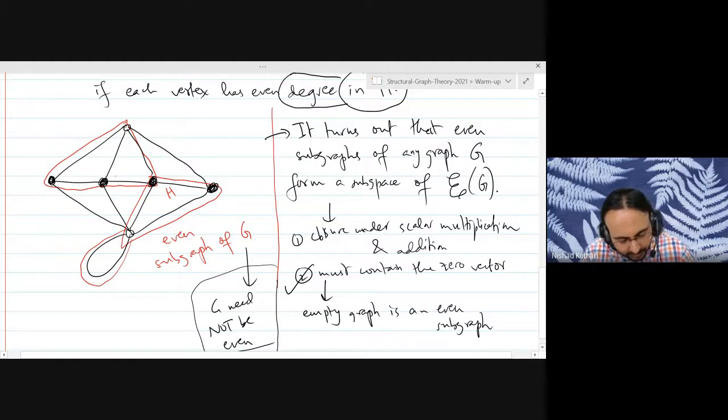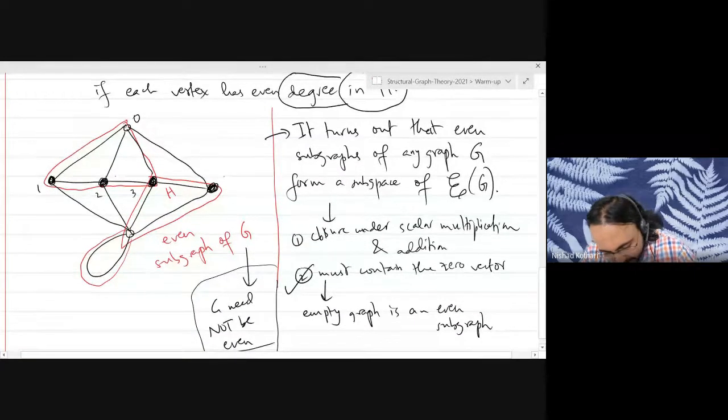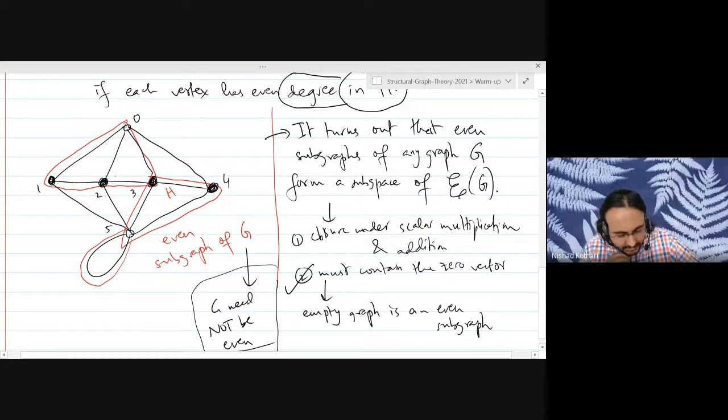So you want me to label the vertices? Let's look at the leftmost vertex, vertex 1, vertices 1 and 2. Can you show me which edges we are looking at? We are looking at the red colored edges. So 0,1; 1,2; 2,3; 0,3; 3,4; 3,5; 4,5; and the loop at 5. Those are our red colored edges.